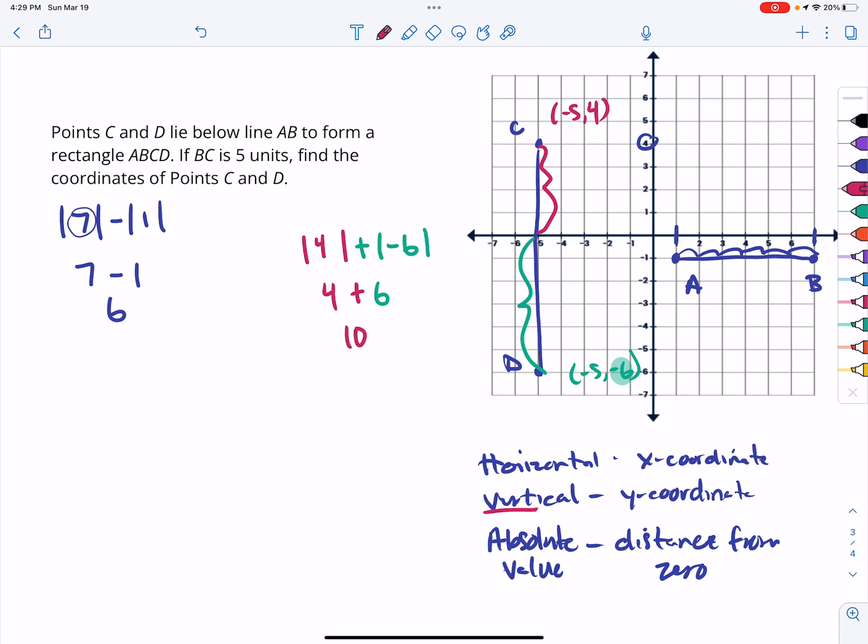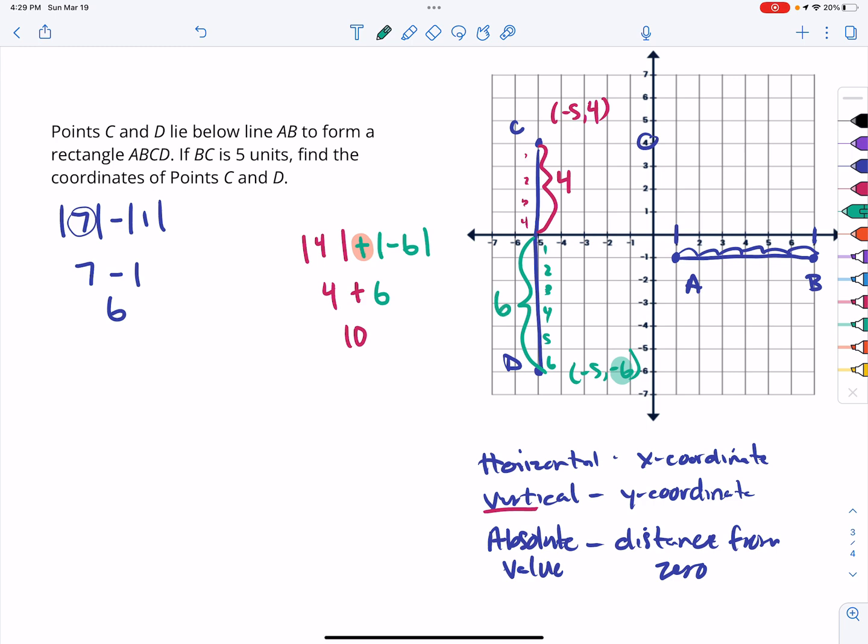Okay, sorry about that. The reason why we want to add this time is because, like I said earlier, we looked to see how far point C is above the x-axis. If we count those units, 1, 2, 3, 4, this is 4 units away. And then point D is 1, 2, 3, 4, 5, 6 units away from that x-axis.